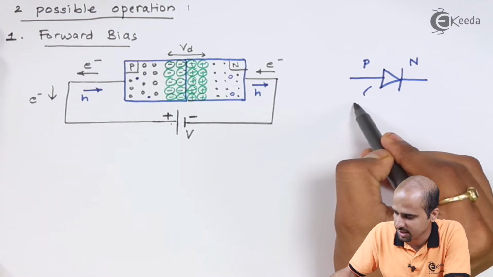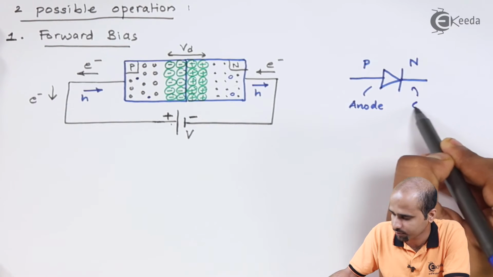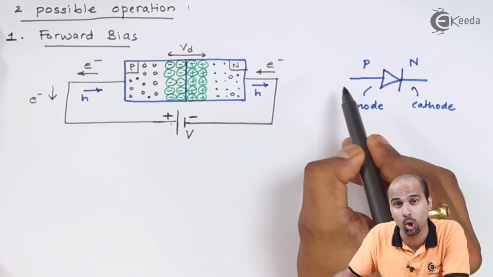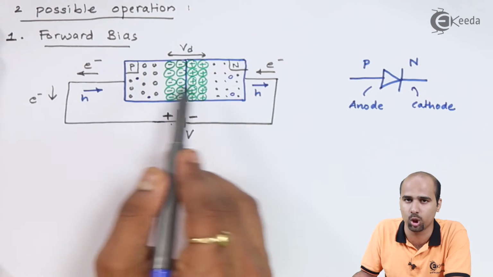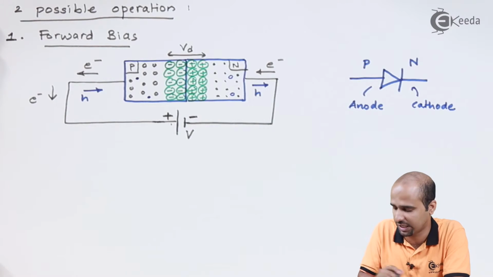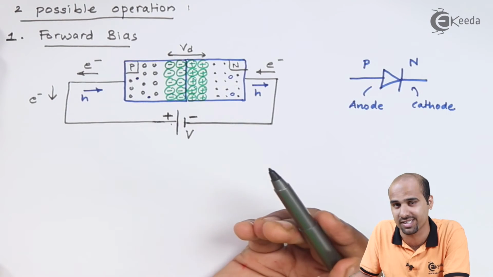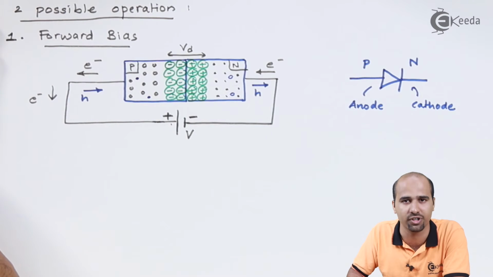This is called the anode and this is called the cathode. Current will flow from anode to cathode, the same as the direction of holes and opposite to the direction of electron flow. The conventional flow of current is exactly opposite to the flow of electrons. So that's why this is called forward bias.